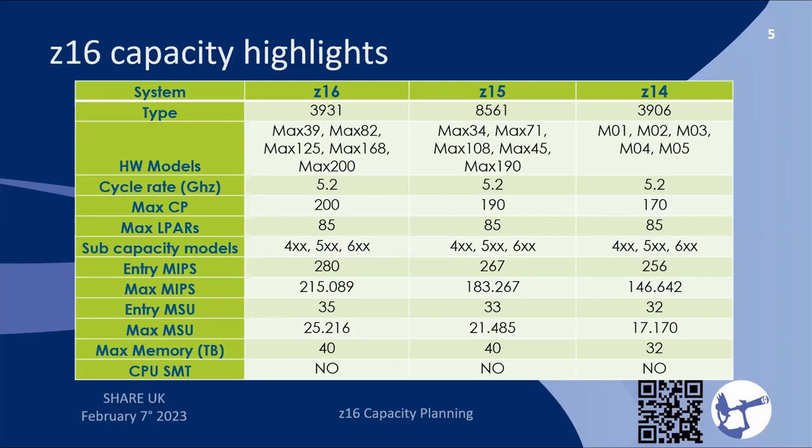Okay, so when you see the entry MIPS, it's greater than the previous. So there is still an increase in the hardware. The maximum MIPS that you can have online is greater. That is mostly due to the fact that you can now configure your machine with 200 engines.